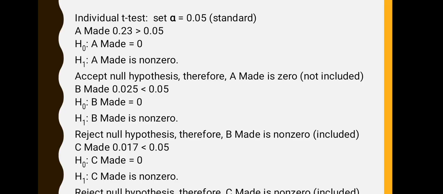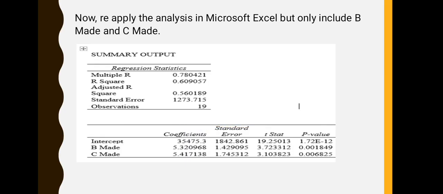It is included. So here, we have to reapply the analysis in Microsoft Excel, but only include B made and C made. Doing the same thing as earlier, we made another regression analysis. Here's the result. You can see that the stats are different already, and the p-values are totally the same.